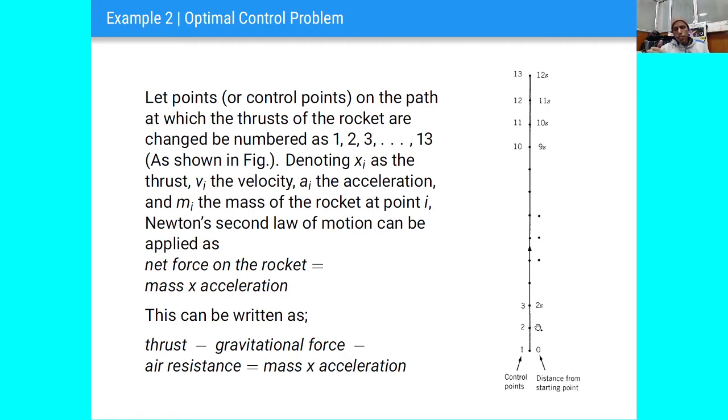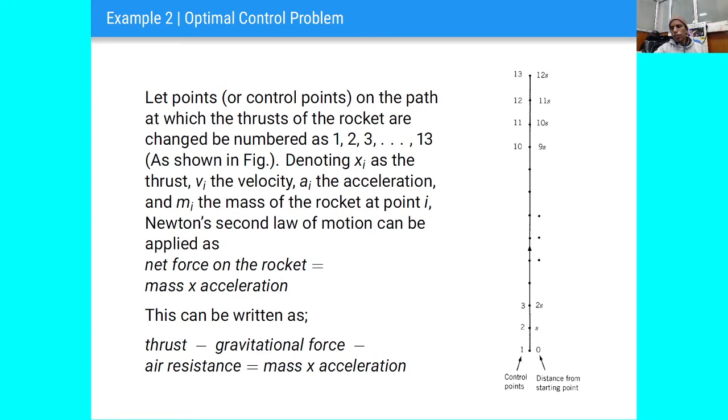Because the distance traveled is s, as soon as we multiply with the proportionality constant k2, this reduction in mass from point 1 to 2 is calculated, and it is given by k2 into the distance traveled, and the distance traveled is s. Similarly, in the next segment, are you able to get this reduction in mass from control point 1 to 2?